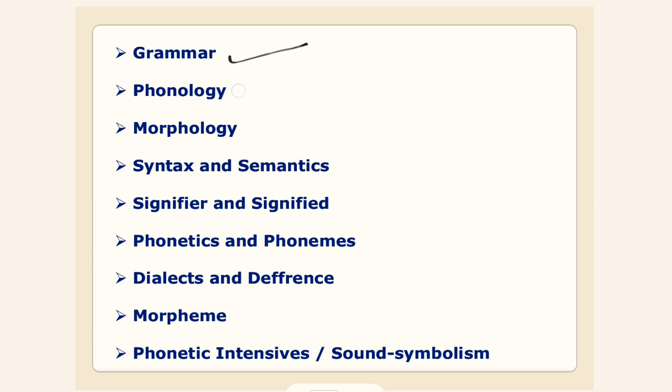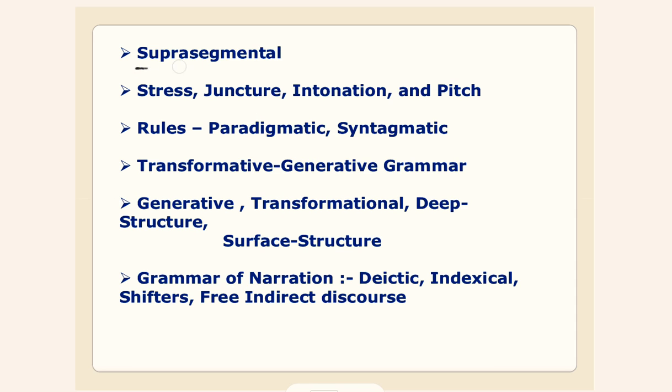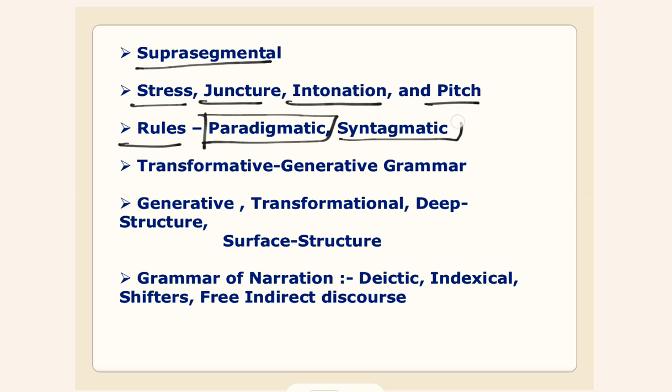Here, grammar, phonology, morphology, syntax and semantics, signifier and signified, phonetics and phonemes, dialects and difference, morpheme and phonetic intensives, sound symbolism. All these terms are associated with modern linguistics. So many questions have been asked in this topic on these topics: suprasegmental, stress, juncture, intonation, pitch, rules, pragmatic, syntagmatic, transformational generative grammar.